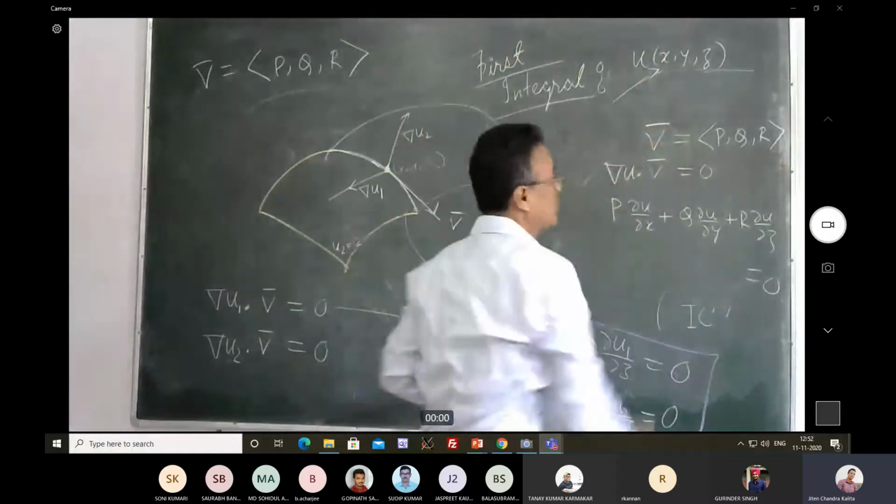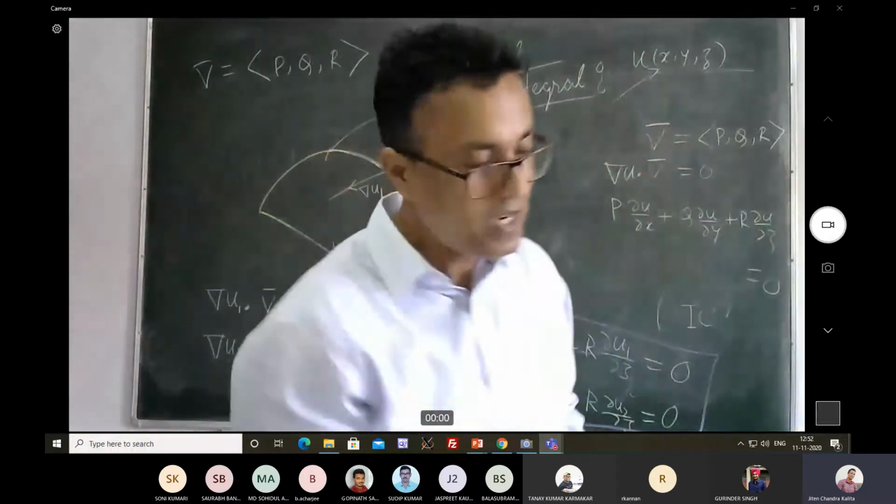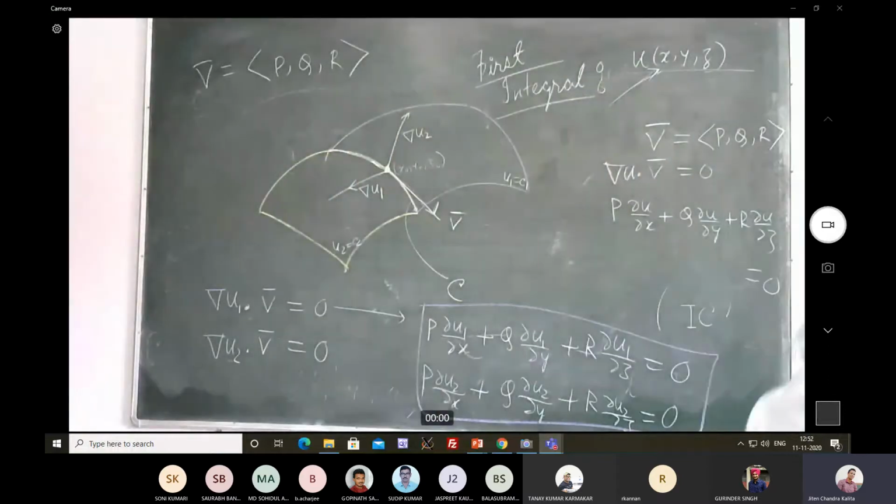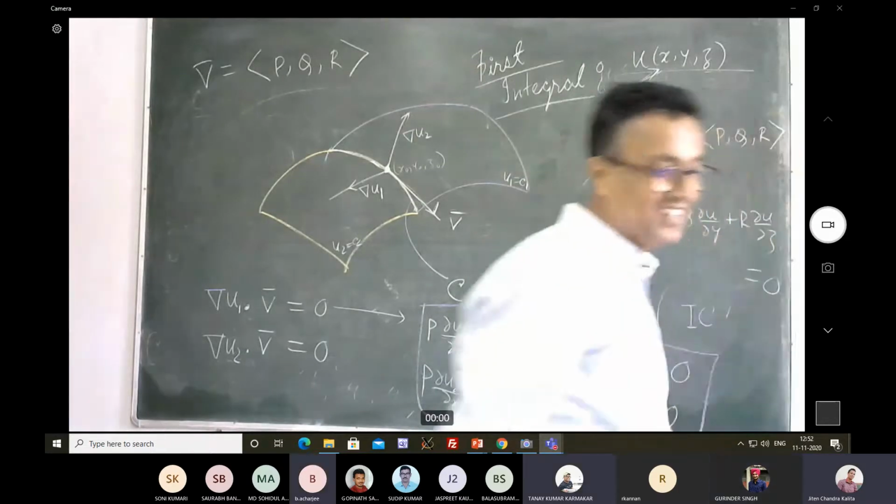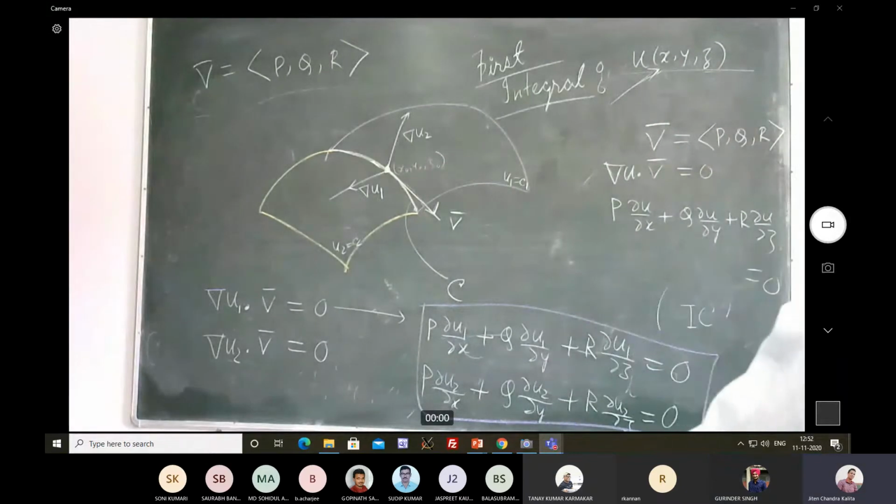That means P del u del x plus Q del u del y plus R del u del z equal to 0, and of course that happens in the region omega. So far so good, right? Okay, first integral, it is done.